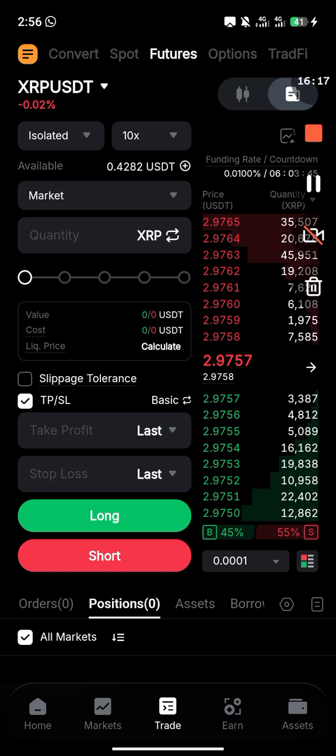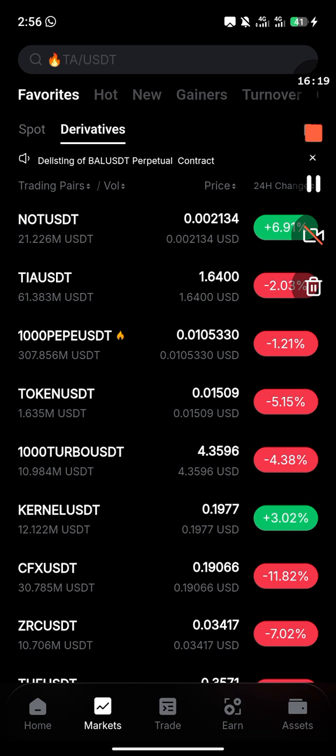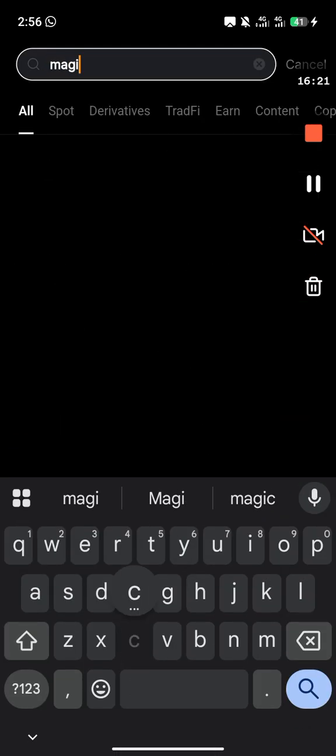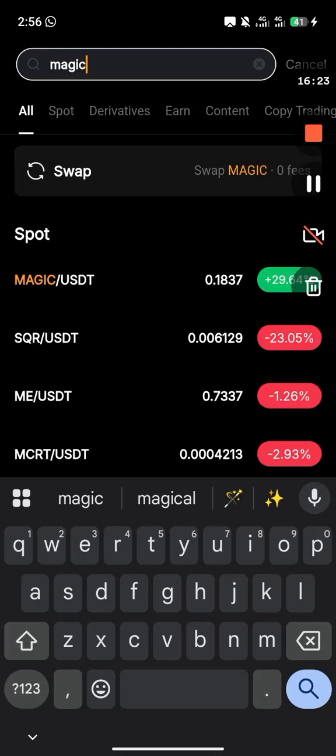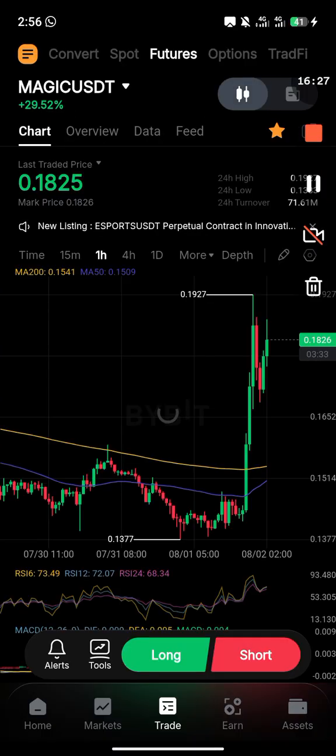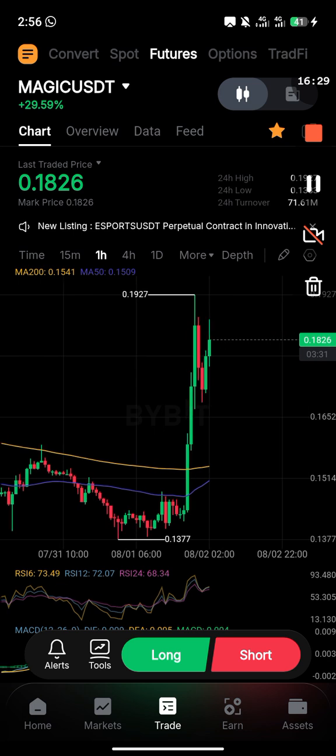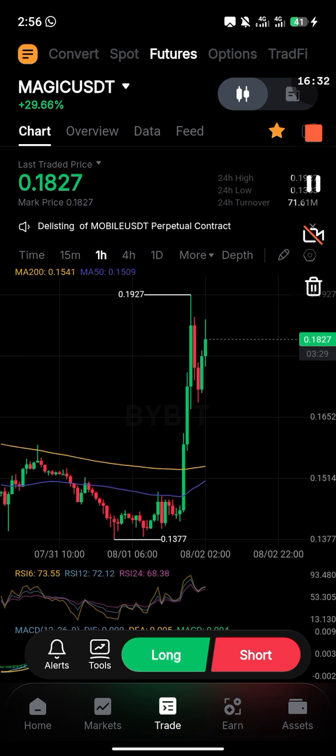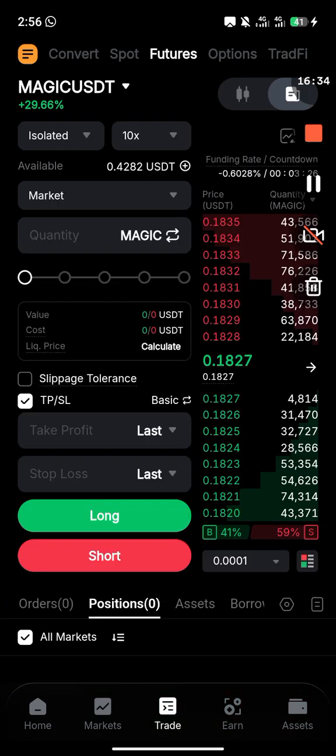So imagine you have access to signals now, and they give you MAGIC. Say buy MAGIC on futures. So you click on derivative, you click on MAGIC. You see, now MAGIC has gone up 29%. In fact, before it was 30%. Now with this 30%, imagine I was using 10x, I'll have made 300%.